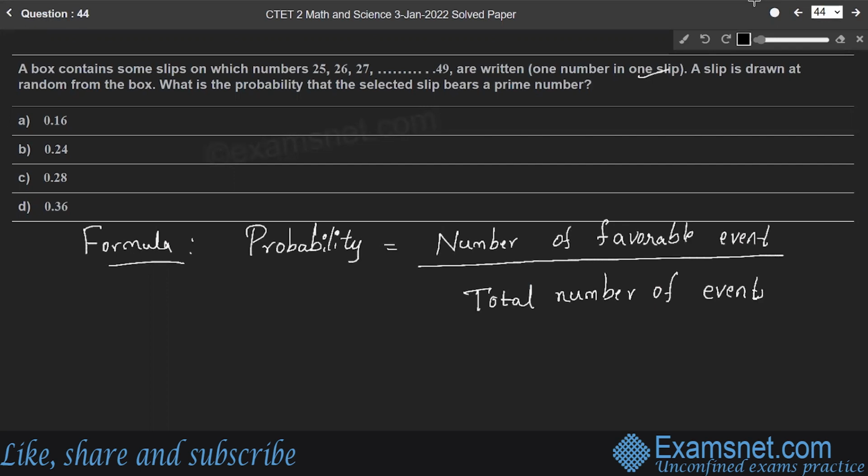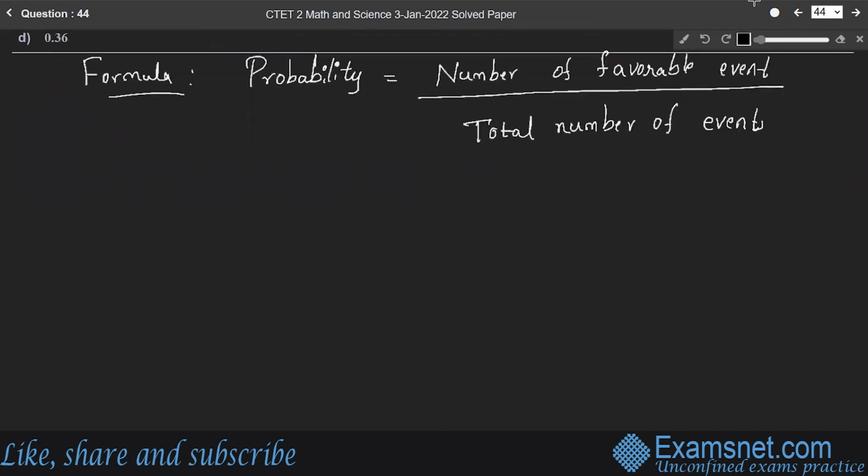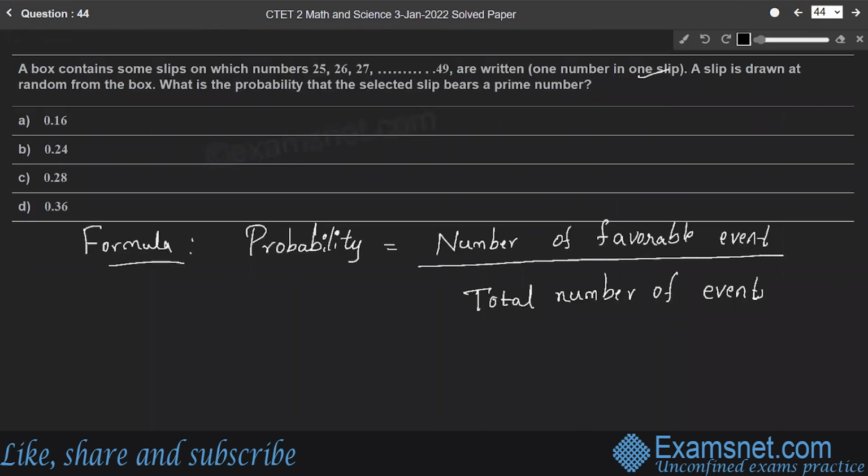Right? So here, what is the number of favorable events? It is nothing but the number of prime numbers from 25 to 49. Right?